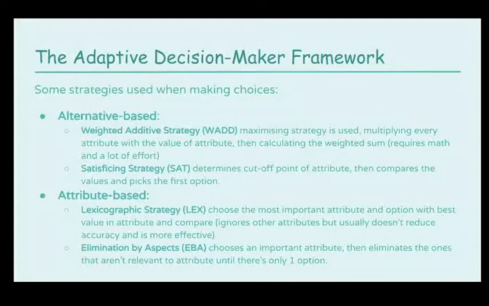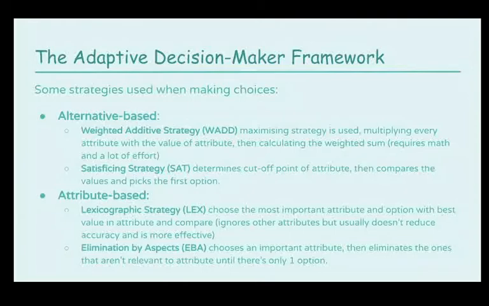So this saves a lot of your effort and time because you just pick the best out of the best. However, most people aren't as decisive as that, so it doesn't necessarily always work.